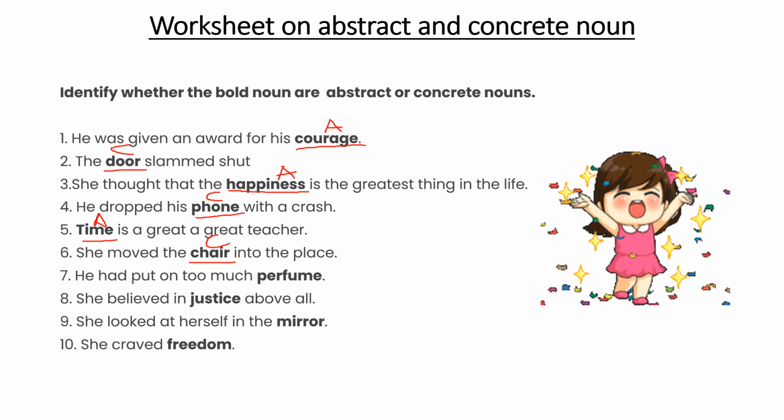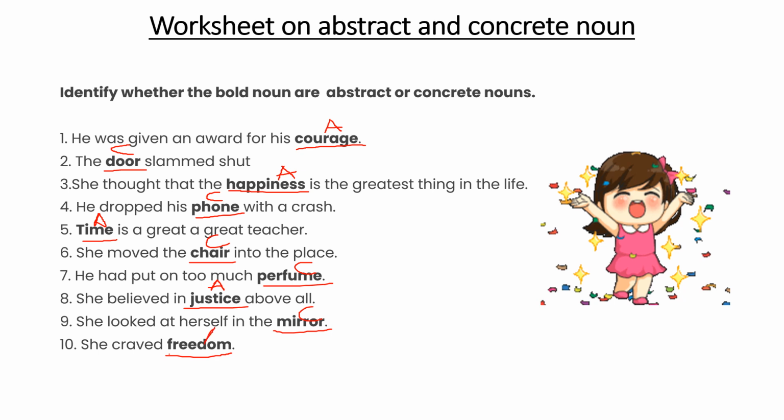She had put on too much perfume. So perfume is a concrete noun. She believed in justice. So justice is an abstract noun. She looked at herself in the mirror. Mirror is a concrete noun. She craved freedom. Freedom is an abstract noun.